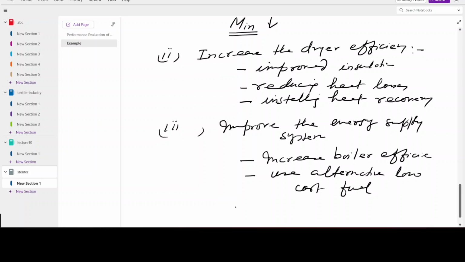So using these three methods, we have opportunities to reduce energy consumption.